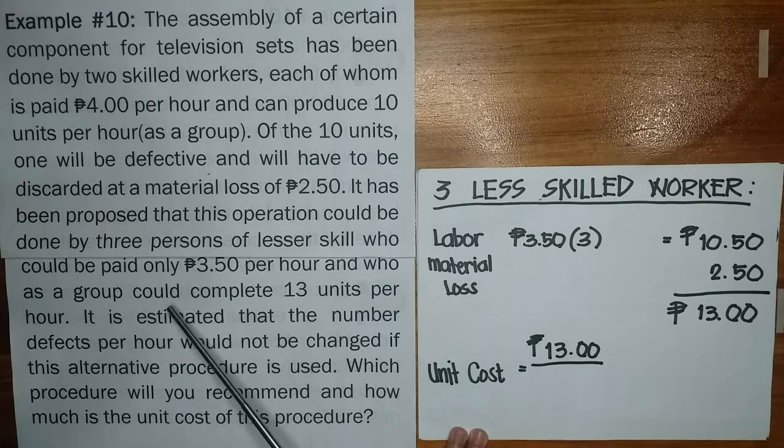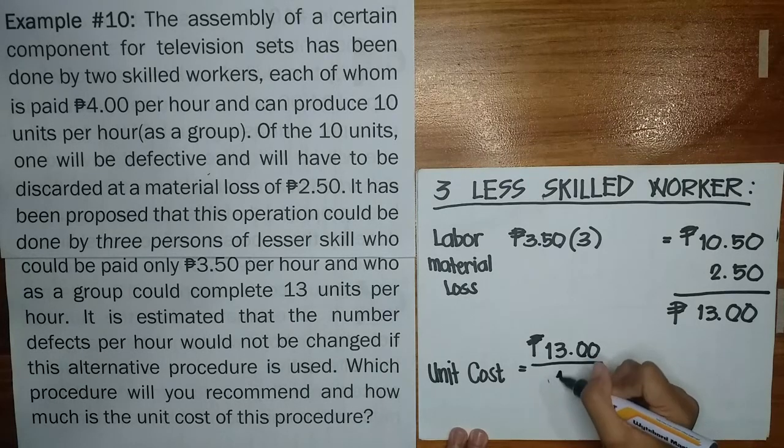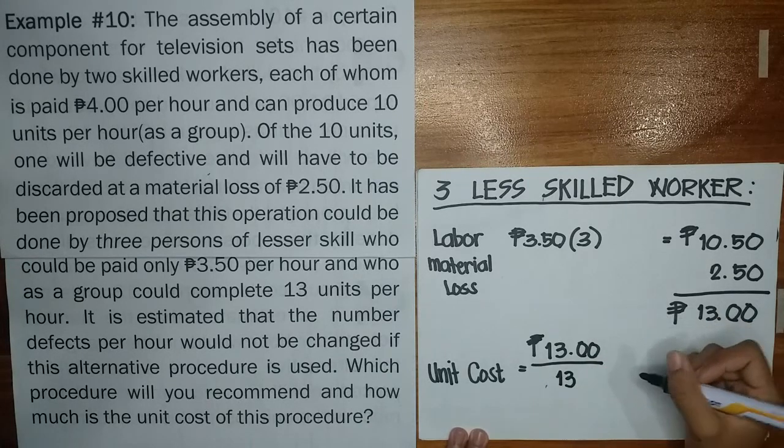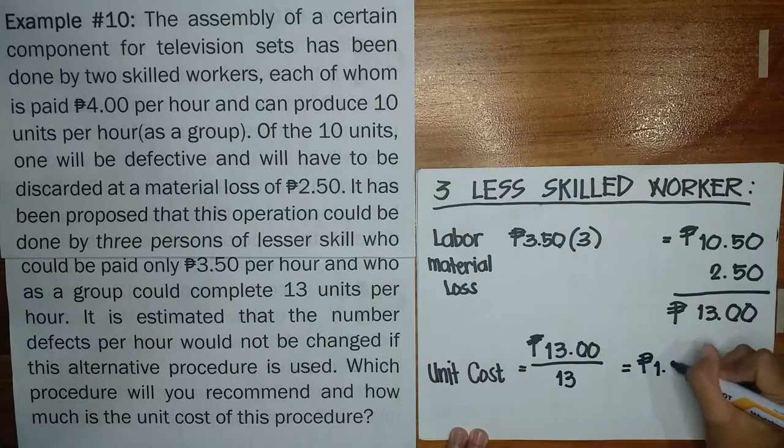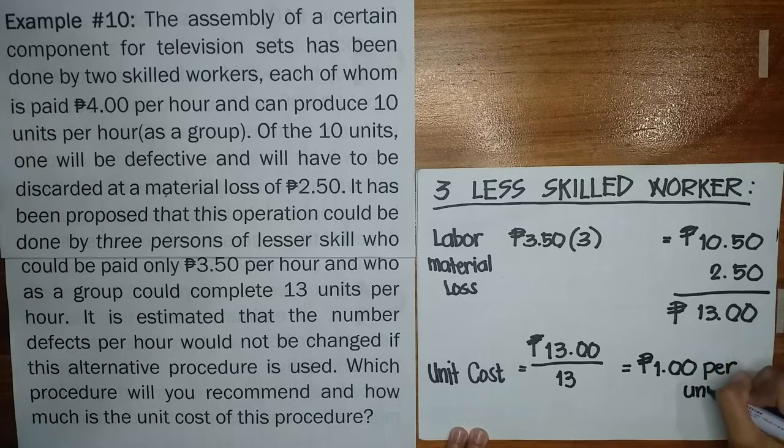As a group could complete 13 units. So, divide by 13. And then, this is equal to 1 peso per unit. So, this is again per unit.